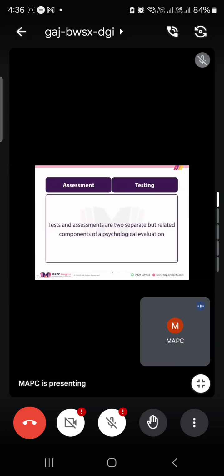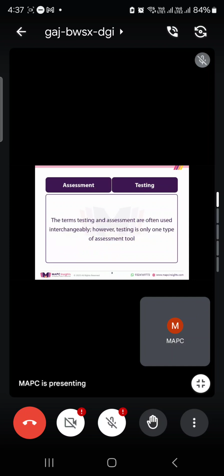Now there are two terms you will often come across when you talk about a diagnosis, that is assessment and testing. These are two separate, but related, components of psychological evaluation. They are different, but they are related to each other.